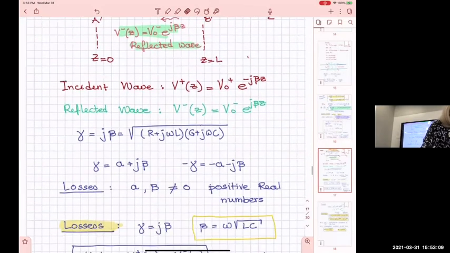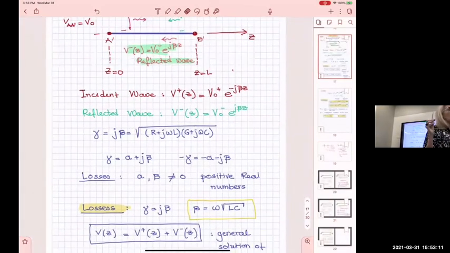So I told you what beta is when we have no losses. What, however, is in place of beta when we do have losses, when we have R and G?